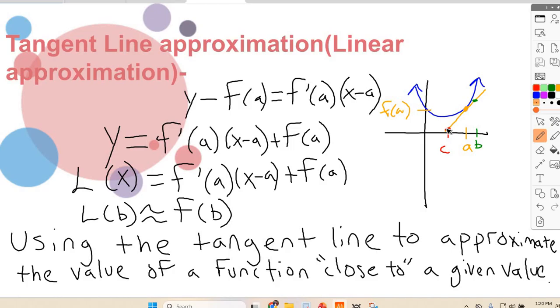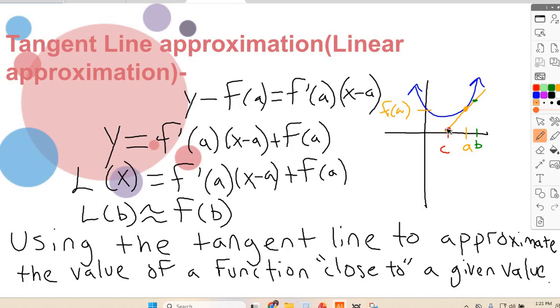We wouldn't want to be given 2 and try to approximate 10. That would be a really bad approximation. But we could be given information about 2 and try to approximate 2.2 or 1.9. Questions so far?